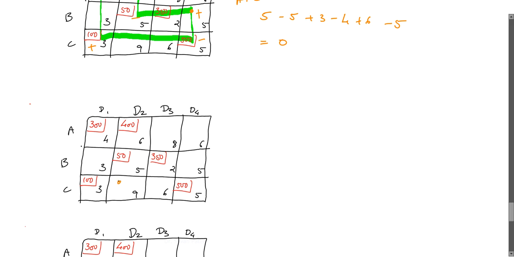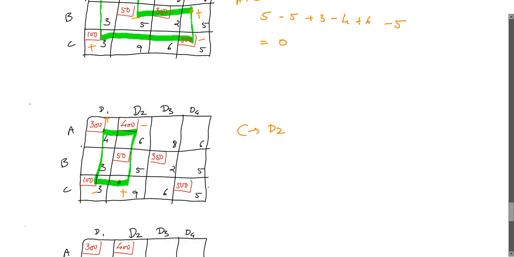Now let's think about C to D2. So here we are having multiple choices, so be careful. Okay, from here to here, here to here, here to here. The loop will always be unique. So here it is plus, minus, plus, minus.